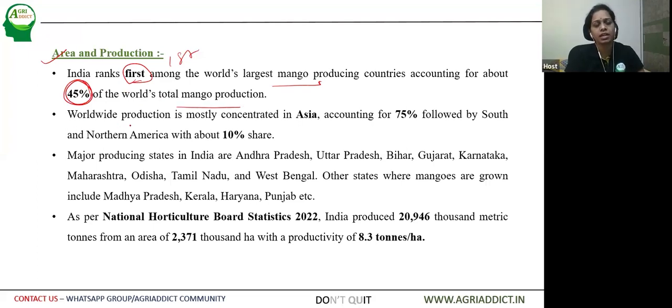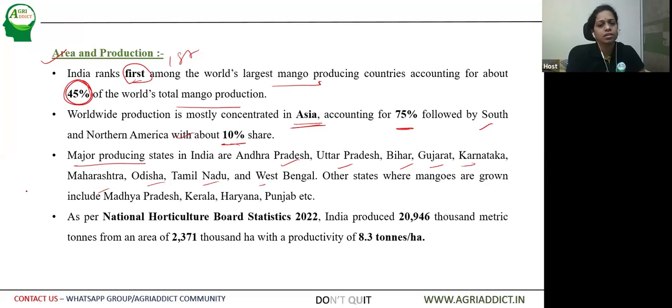Worldwide, the production is mainly concentrated in Asia, that is Southeast Asia, which accounts for 75%, followed by South and North America, which hold a 10% share. The major producing states in India are Andhra Pradesh, Uttar Pradesh, Bihar, Gujarat, Karnataka, Maharashtra, Odisha, Tamil Nadu, and West Bengal.